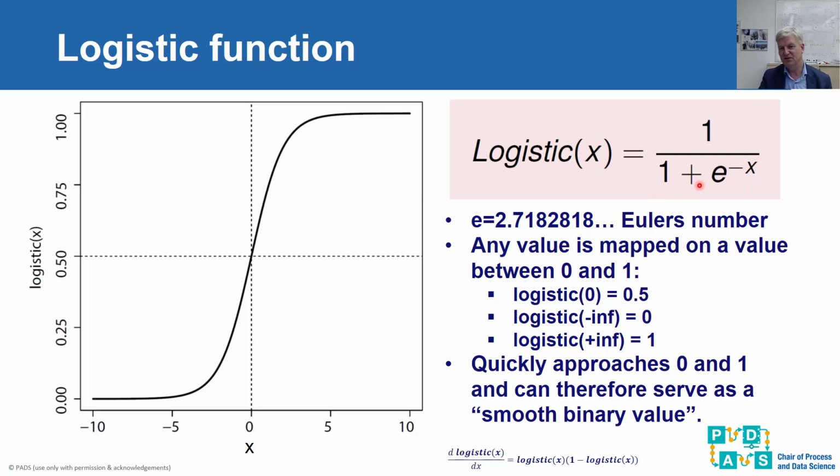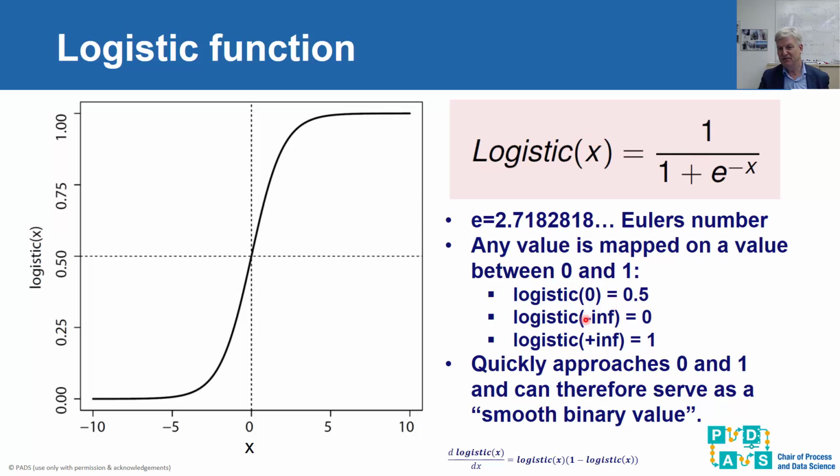So there is this formula, and this means that any value, positive or negative, is mapped onto a value between 0 and 1. So please take a look at the characteristics of this function. If we fill out 0, right, then we have 1 divided by 1 plus e to the power 0, which is equal to 1, then we have half.